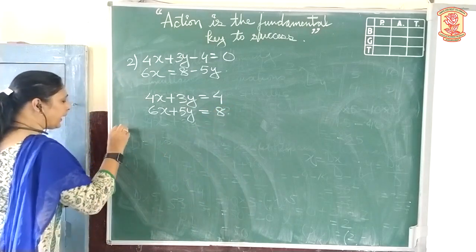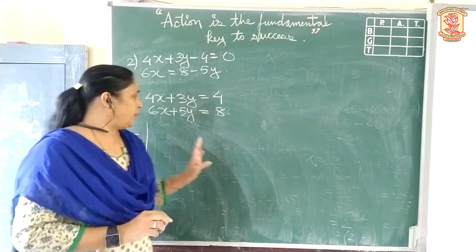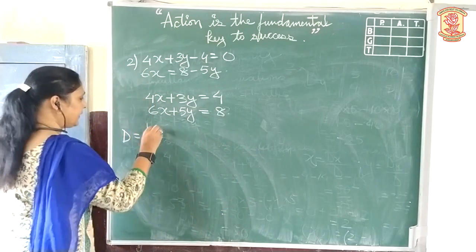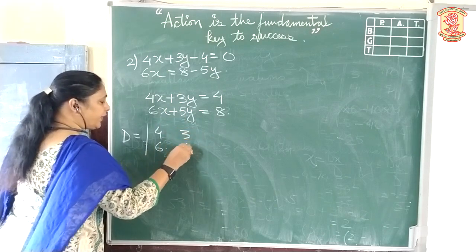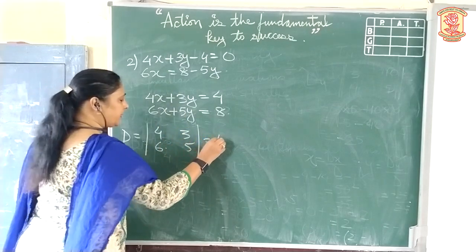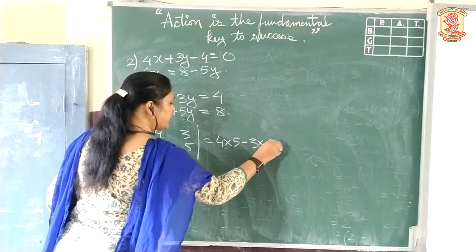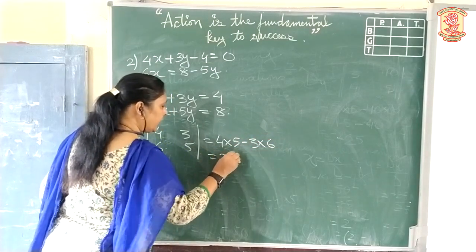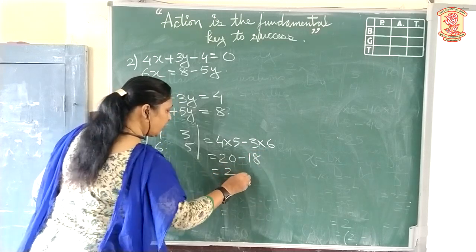Now we are going to calculate the determinant. When we are writing the determinant, we write the coefficients of x, that is 4, 6, and the coefficients of y, 3, 5. So carry out cross multiplication, that is 4 into 5 minus 3 into 6. 4 5s are 20, 3 6s are 18, that comes out to be 2.